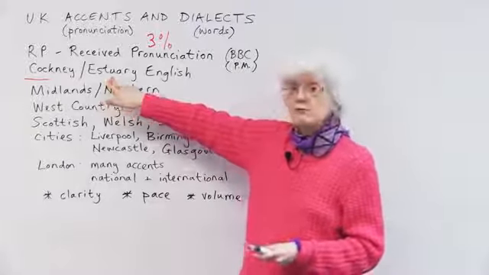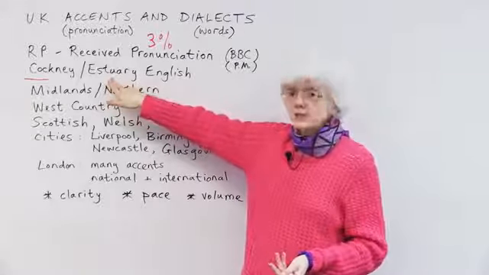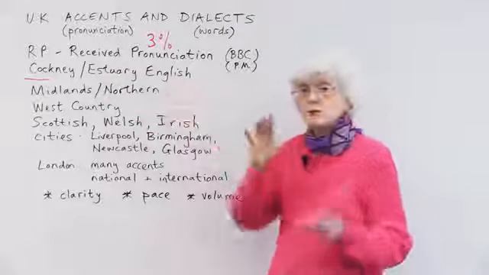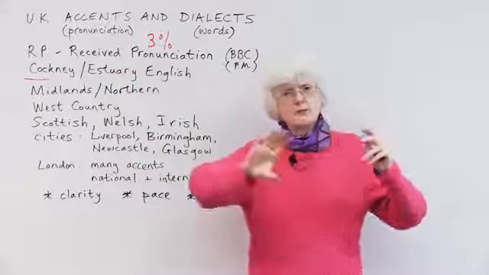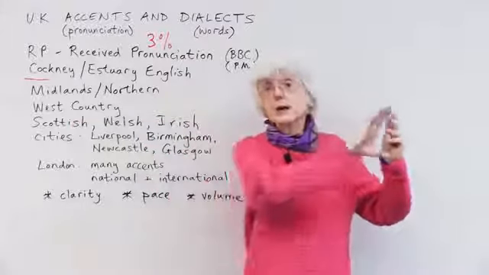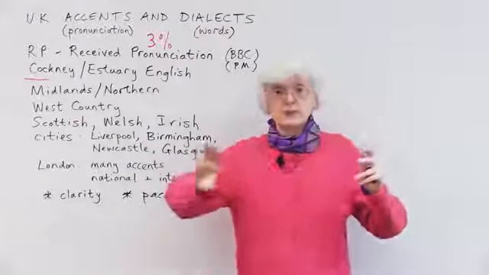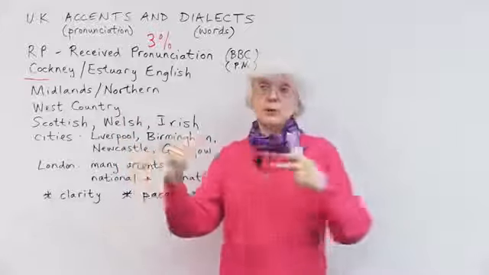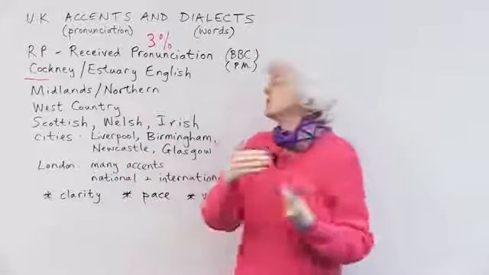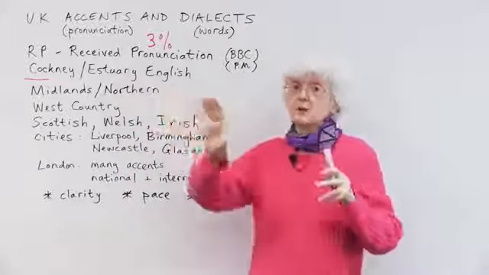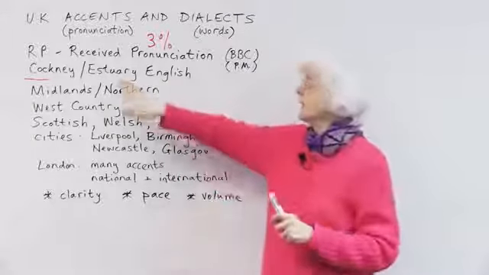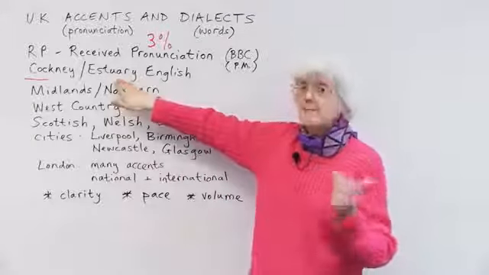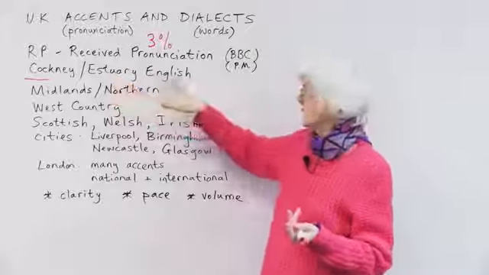There's a newer version of Cockney called Estuary English. If you think an estuary is connected to a river, so the River Thames, which flows across the country, goes quite a long way west. So anyone living along the estuary near the river can possibly have this accent as well.